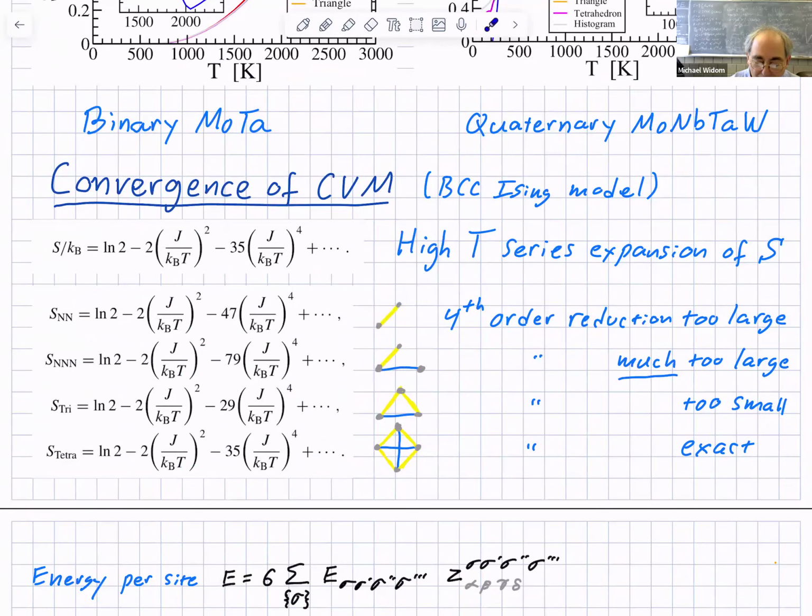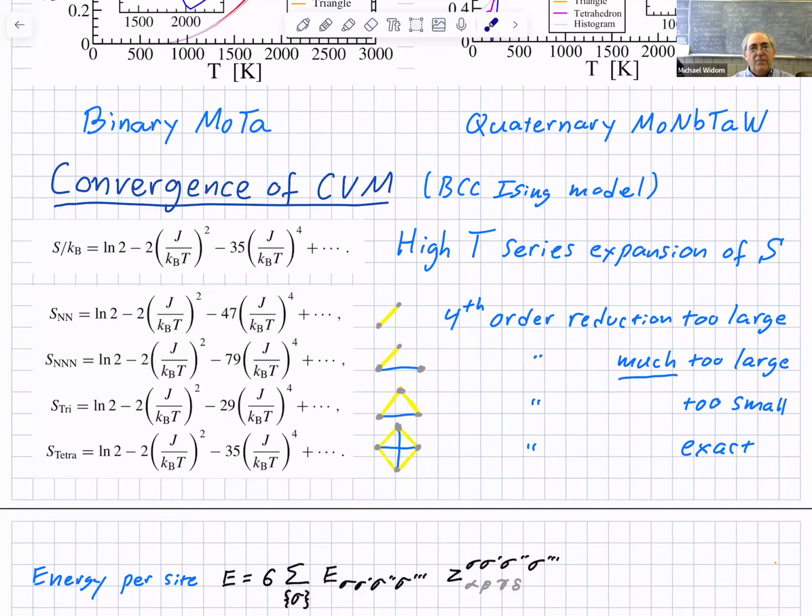No, that turned out to be a bad idea. I showed you that nearest plus next nearest was not a good idea. That's what was here. Okay. So the rules for forming the clusters are unclear.